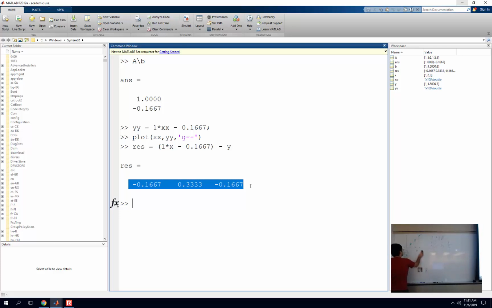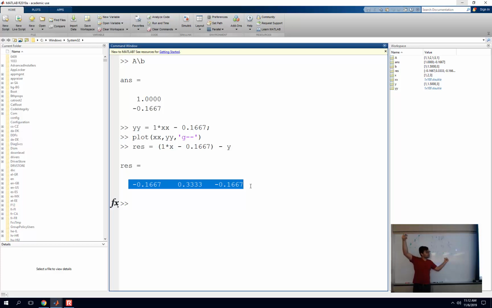One metric is root mean squared error. So you raise each residual to the power of 2, you take the average of all, and then you take the square root.